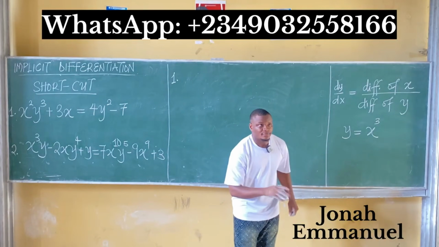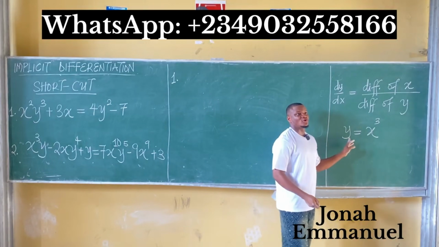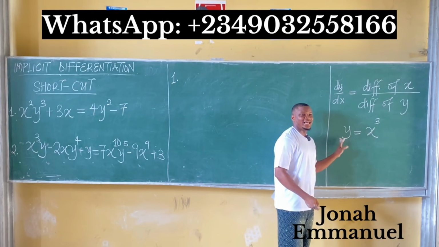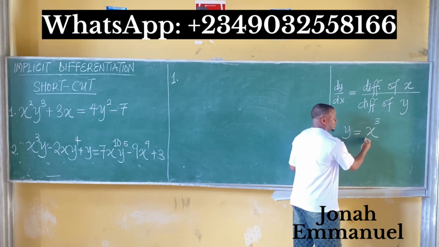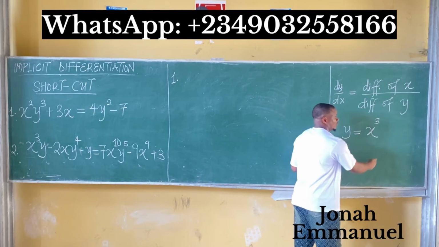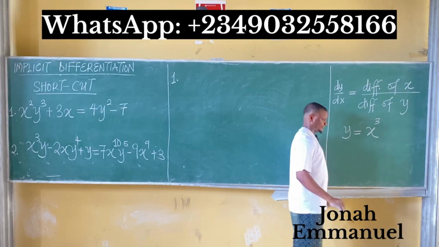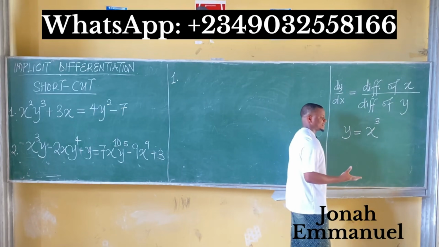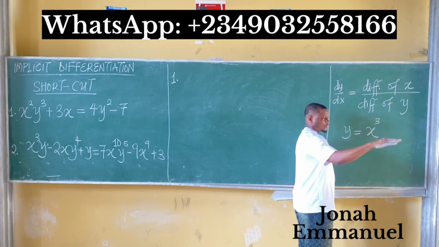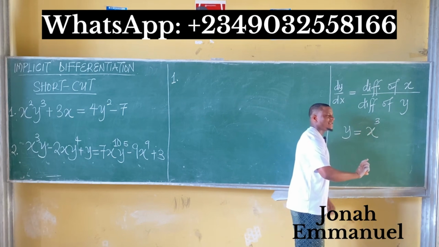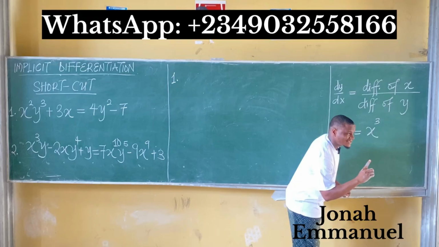Here's the thing: y is supposed to be on the left-hand side of the equation, and x on the right-hand side. We said for implicit, my answer will be the differentials of x all over the differentials of y.